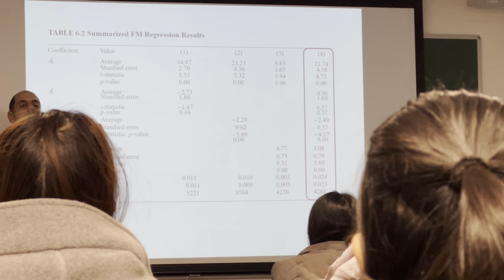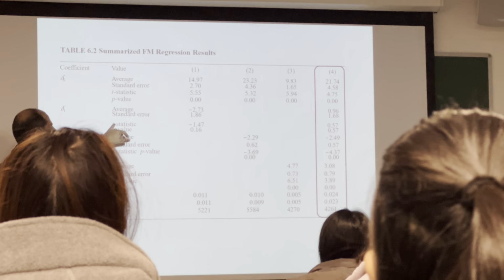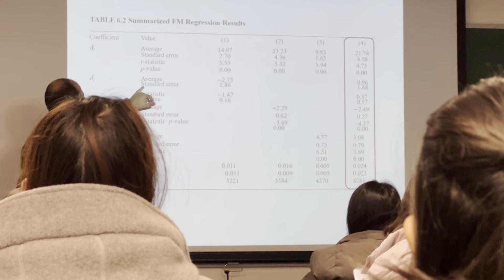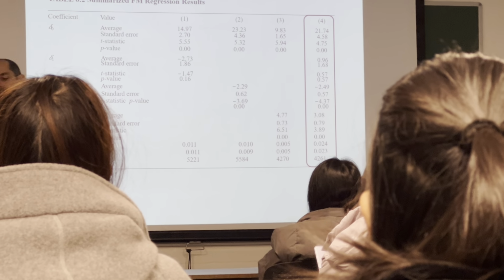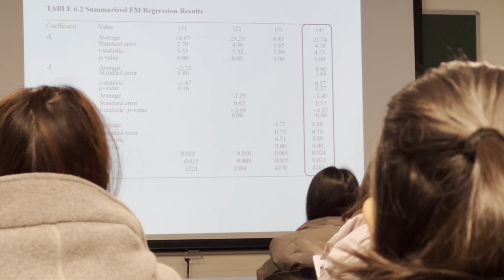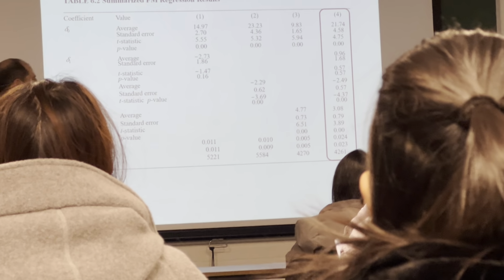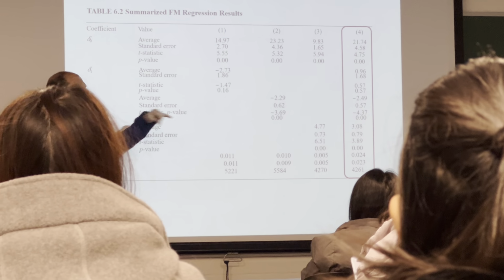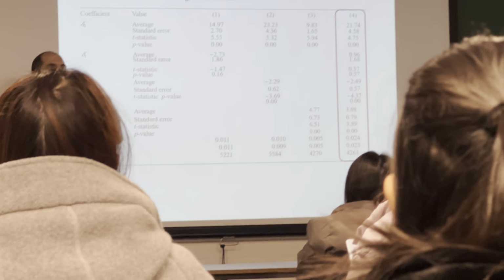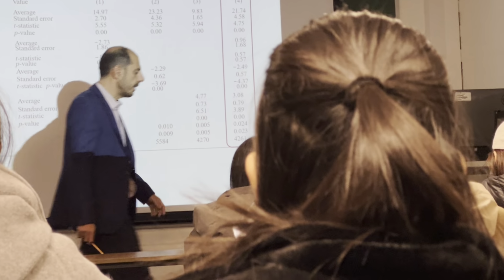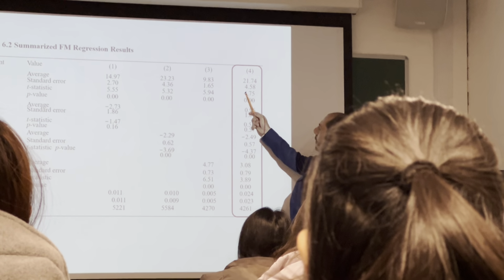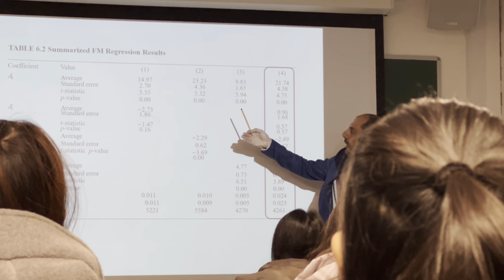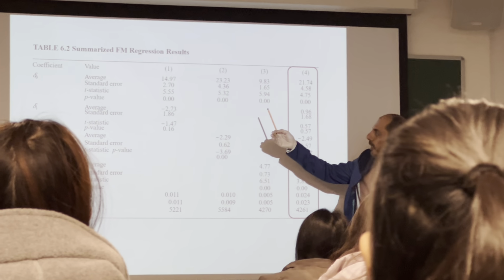So whatever you have here, standard error, t-statistic, p-value, it provides similar information. Many times I say that I prefer the t-statistic because it's more informative, in the sense that the t-statistic gives you the strength of the significance.